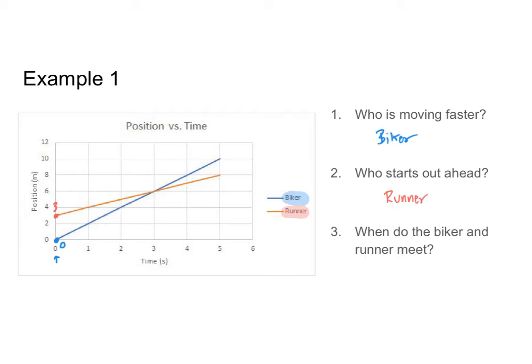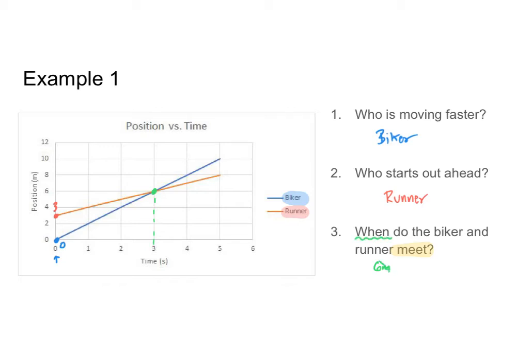Our third question is asking where the biker and the runner meet. When you see this, what you want to think about is when are their positions the same? On the graph, that's going to be where our two lines intersect. So that'll be this point right here. So they meet at 6 meters, which is our where, but our question is asking when.